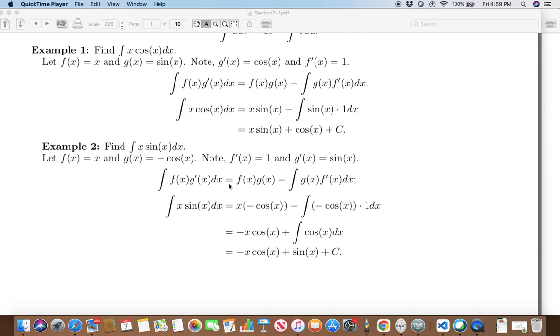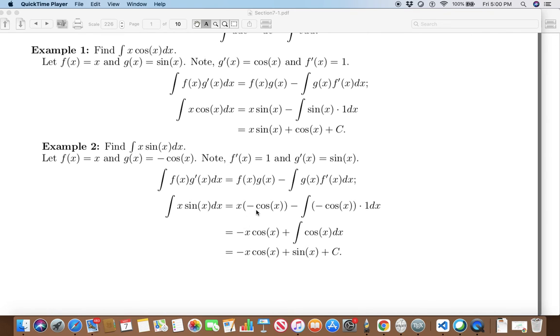By the formula, the integral of f g prime is f g minus the integral of g f prime. f is x, g is negative cosine x, minus the integral of g, which is negative cosine x, times f prime, which is simply 1.